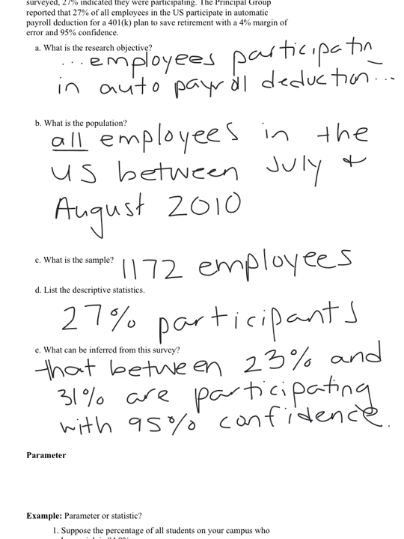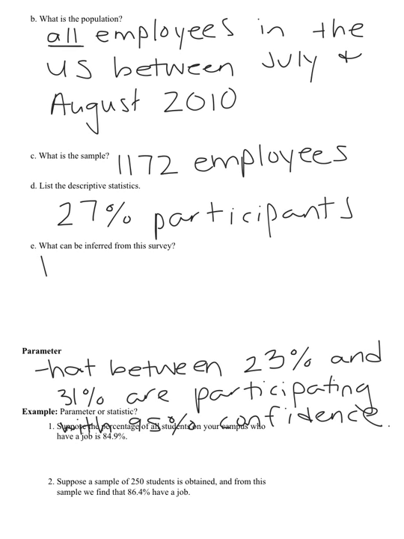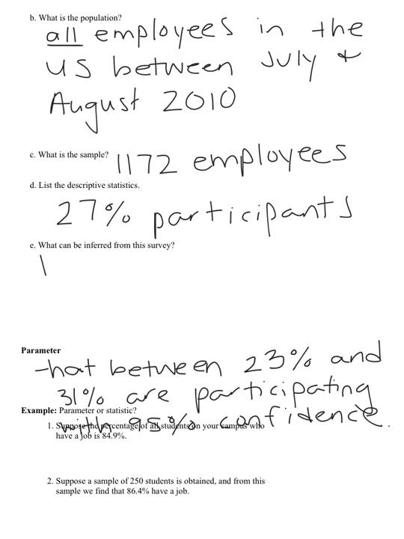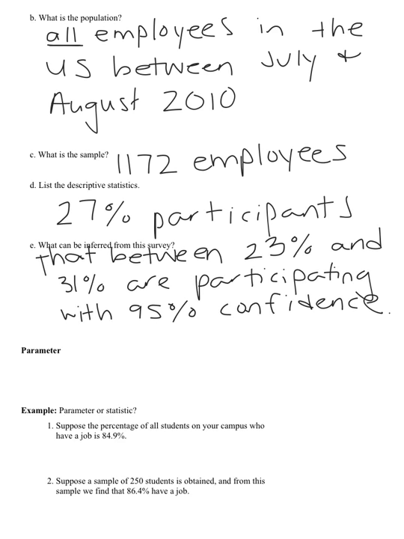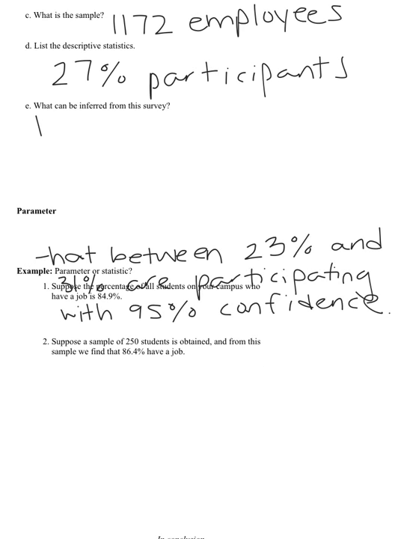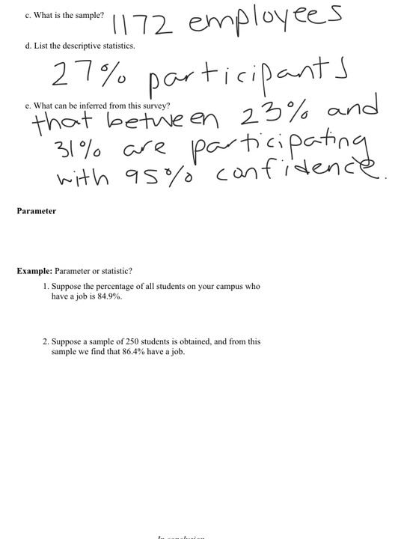Okay, so let's move on to new definitions. Okay, so what we're estimating in Part E, what can be inferred from this survey, we're trying to estimate the percentage of the entire population. So that would be a numerical summary for all of the employees. That leads us to our next definition, the parameter.